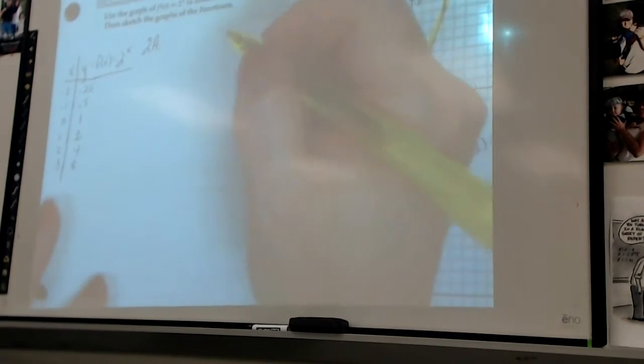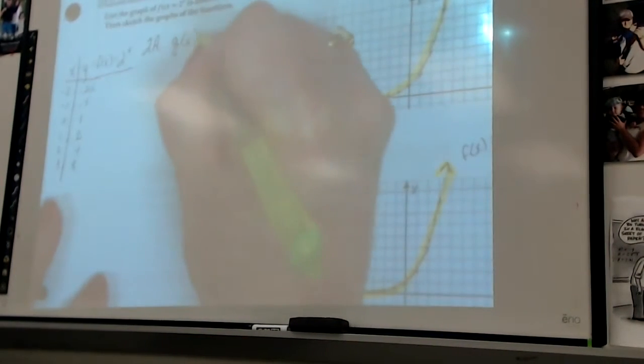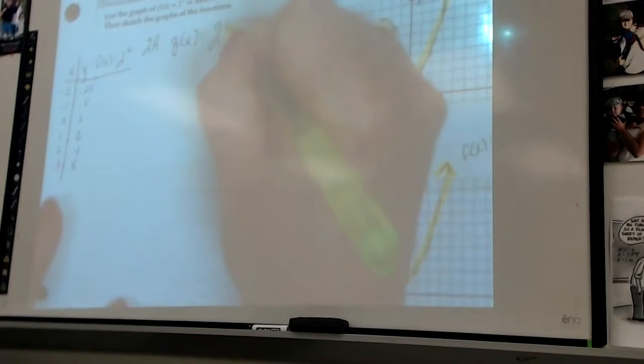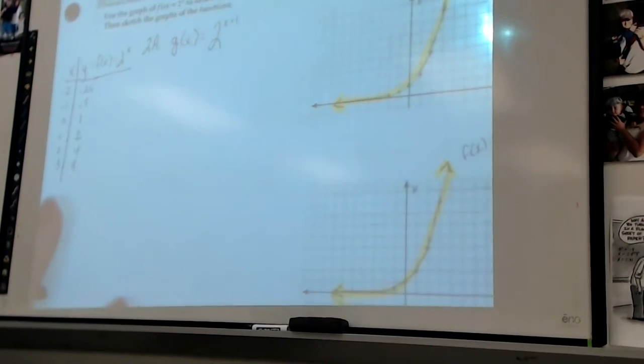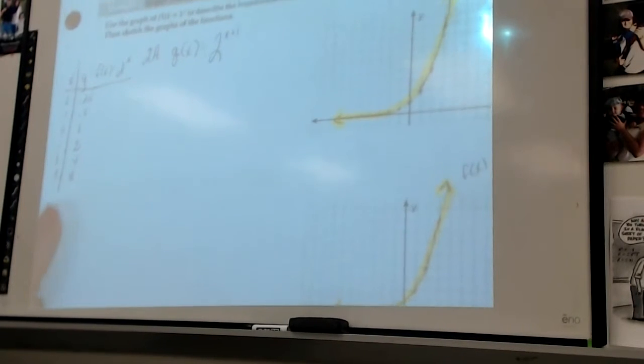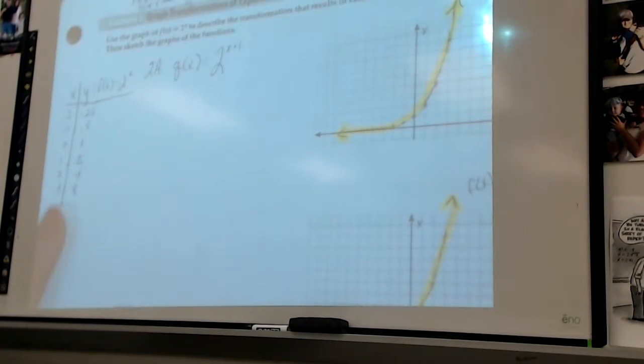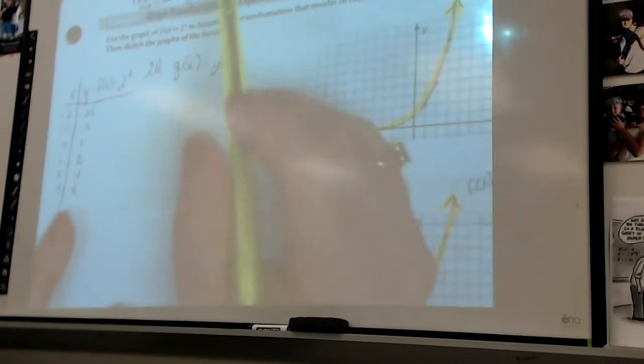2a is g of x equals 2 to the x plus 1. So how is this one different than the basic one, the 2 to the x? It has a plus 1. It has a plus 1 as part of the exponent.